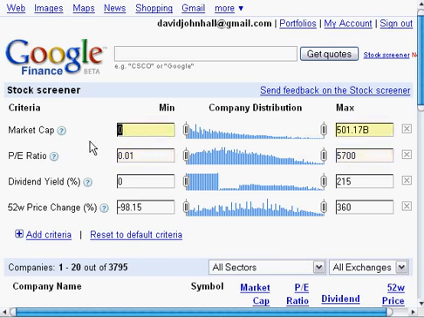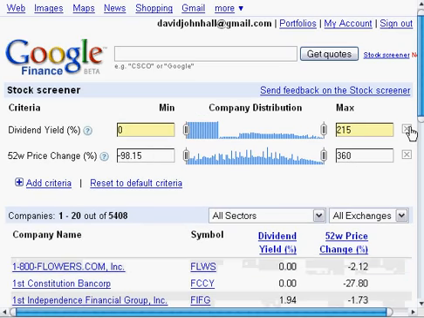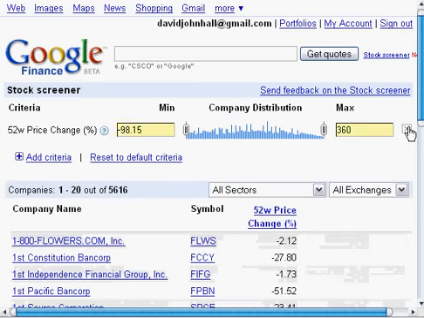On the left hand side here, we have the default Google criteria. We've got market cap, PE ratio, dividend yield, and 52-week price change by percent. Right off the bat, we're going to go ahead and get rid of the market cap, the PE ratio, the dividend yield percent.